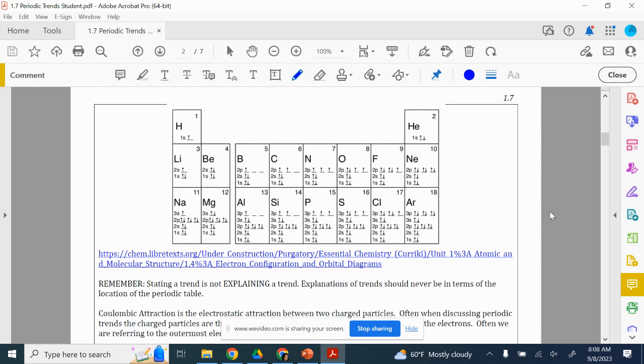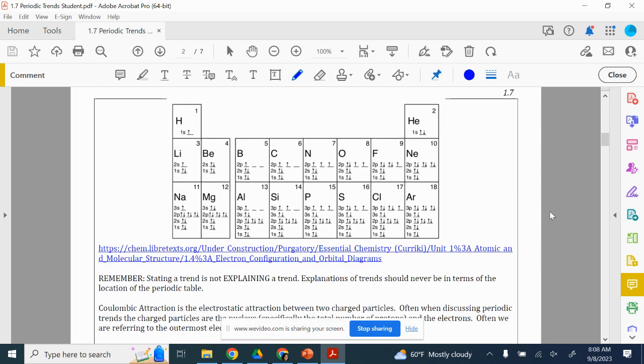Yeah. So these are your orbital diagrams. Some of you were asking me about that. We talked about this one specifically with oxygen yesterday, and how it's just a little bit easier to pull that one electron off because of the repulsive force there, because they're closer together. And if we go back to Coulomb's law, the closer they get together, the more that repulsion force is going to occur.